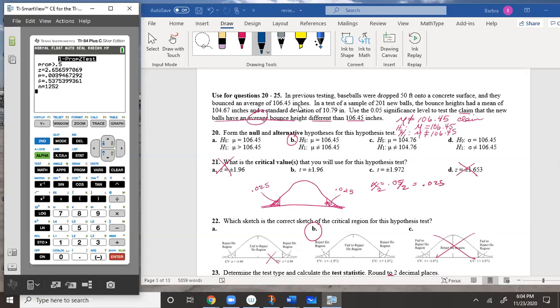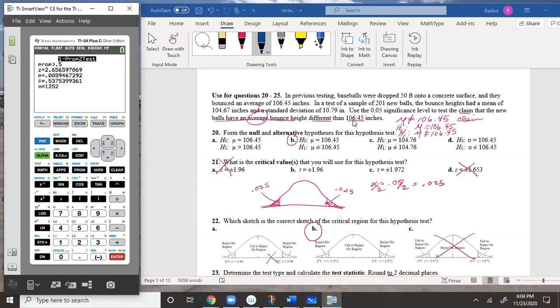Use the 0.05 significance level to test the claim that the new balls have an average bounce height different from 106.45. Always underline the claim first. The claim is that the balls have an average that is different than 106.45.